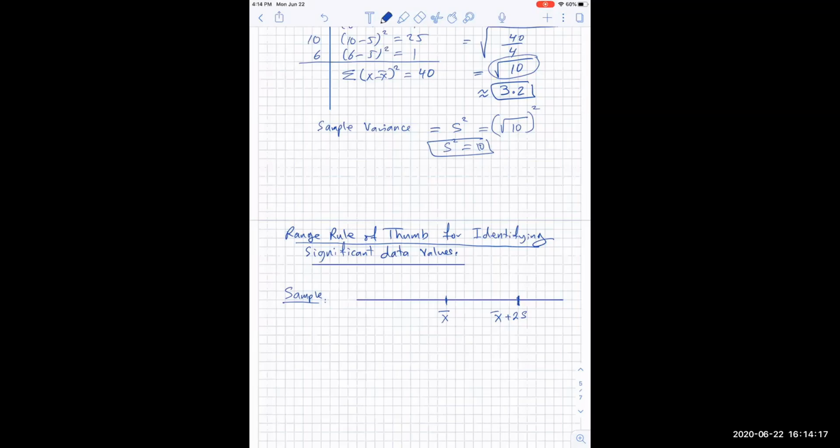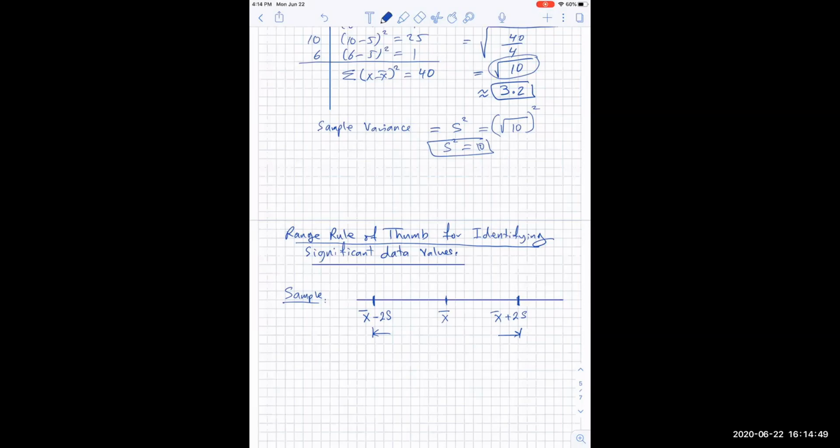And then on the left, I'm going to subtract 2 standard deviations. This mark here, X bar minus 2 standard deviations. Okay, so we have this range of values within 2 standard deviations.